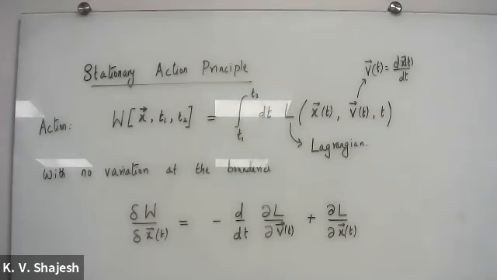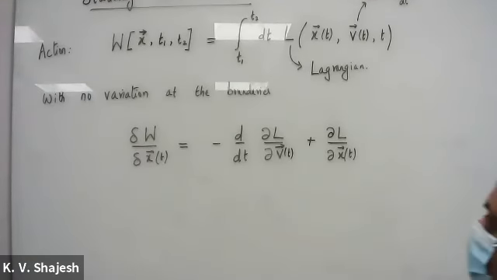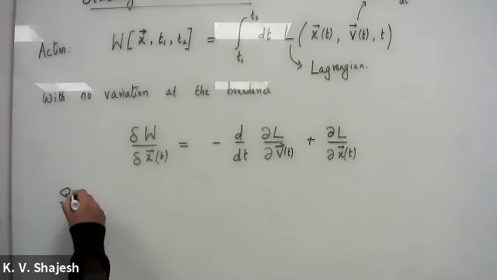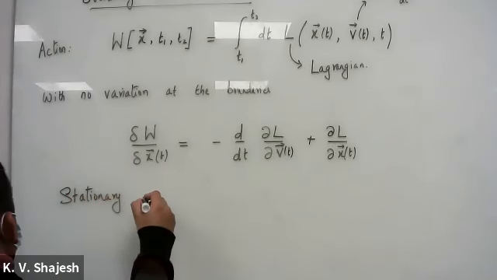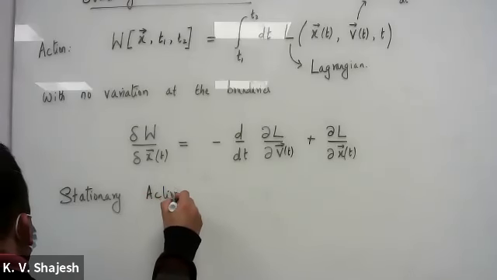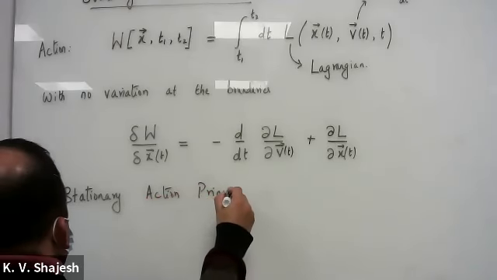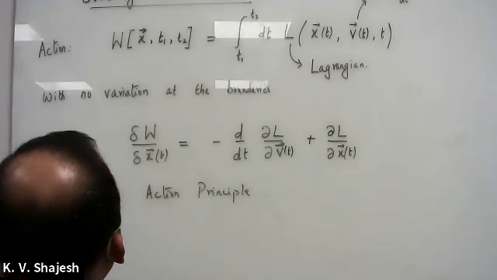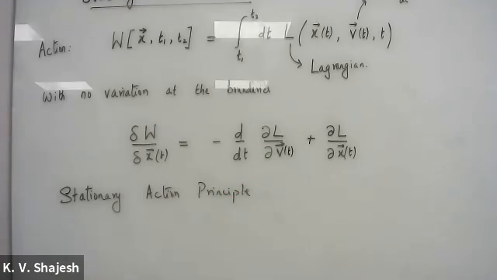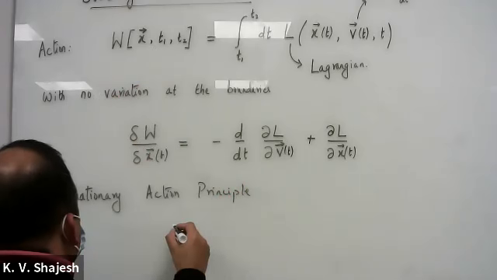Then we said the stationary action principle is when you set this to 0. Suppose we say that the action that we define is more fundamental, and that it doesn't change with respect to all possible paths.